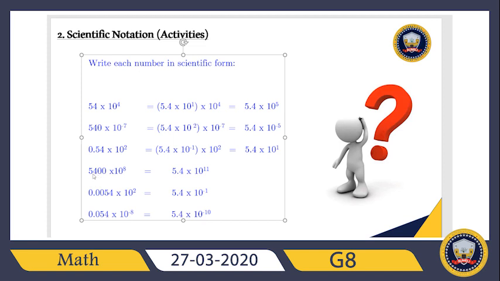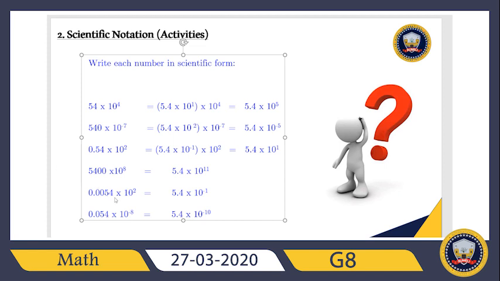So it will be 5.4 times 10 to the power of 3 times 10 to the power of 8. So 3 plus 8 is 11. So it is 5.4 times 10 to the power of 11. If you are confused, go back and do the same process I did here. Put brackets and continue. I'm just going to make it quick for you to get you used to fast calculations.